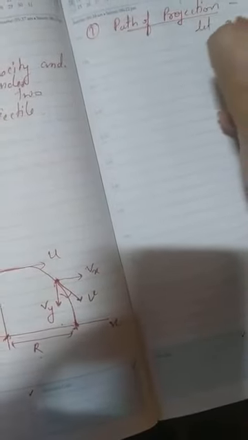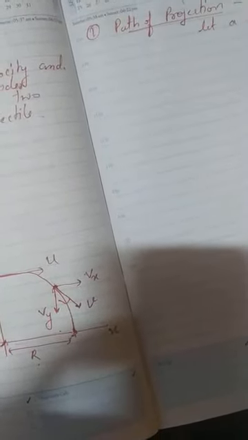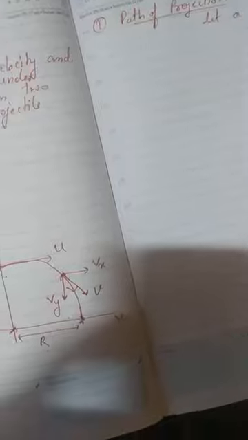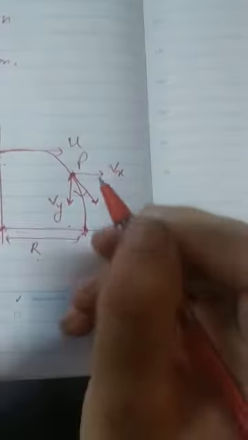Let a particle reach at point, here we can say point P, at time t. So using equation, here we will use the equations of motion, first equation, second equation, third equation, like this one.